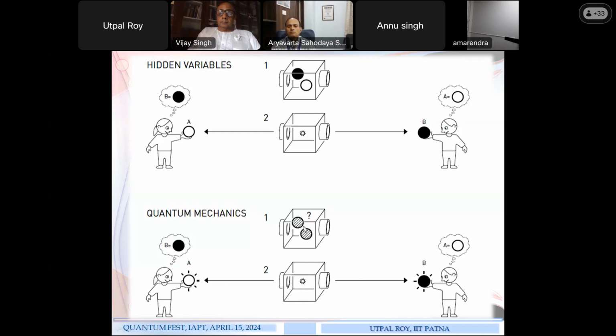So this is the difference between a classical situation of hidden variables and the quantum mechanics situation where there are no hidden variables. So if you do not have a hidden variable, but you have some correlations between these two, then they are quantum mechanically entangled. So this is the biggest difference between classical and quantum correlation.